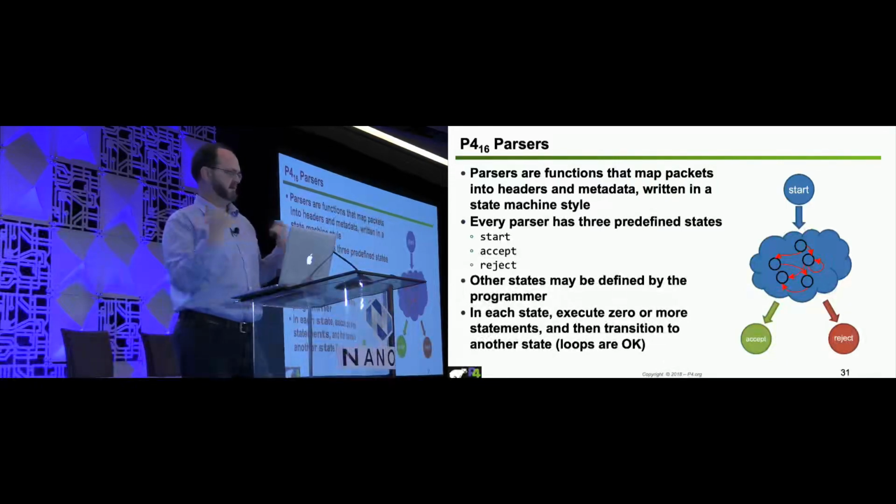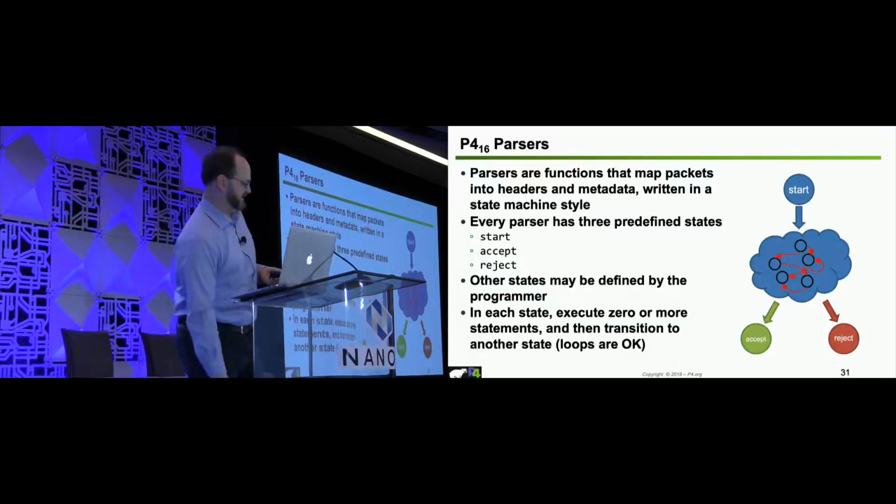And then you get to define as many other parser states as your target will let you write if you want to add more. Very often, you'll typically have one separate parser state for each header you might want to extract from a packet. But you can actually extract multiple headers in a single parse state if you want. That's a detail.